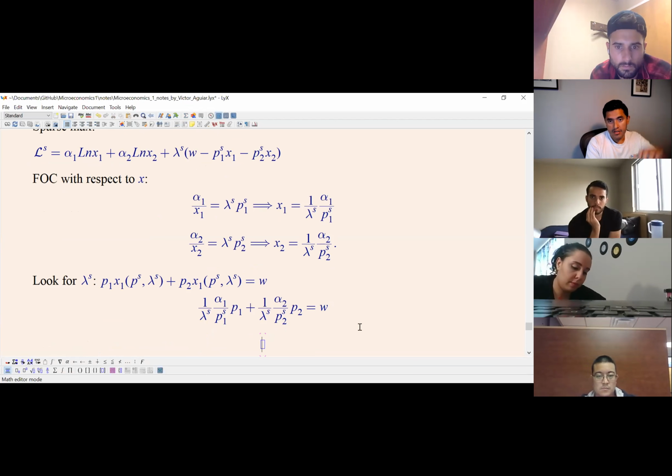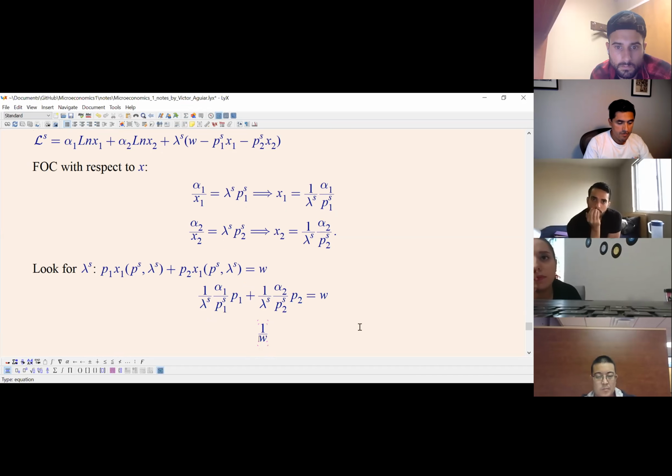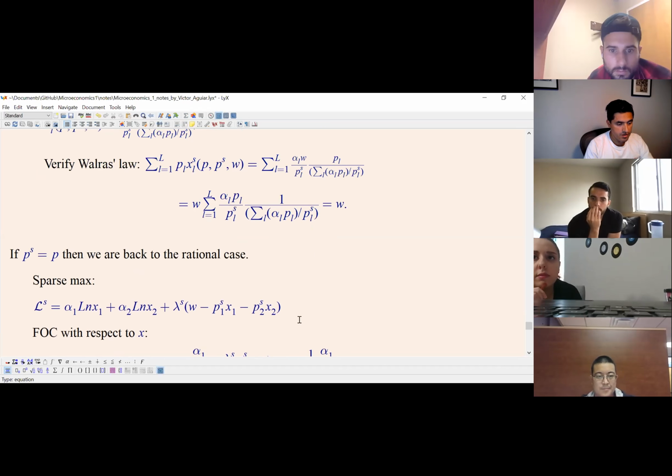So what I'm looking for is lambda s, right? Lambda s factors out, is positive, goes to the other side, and then what do I get? I get 1 over W. So first of all, lambda s is equal to what? To 1 over W of this index here that I already computed.